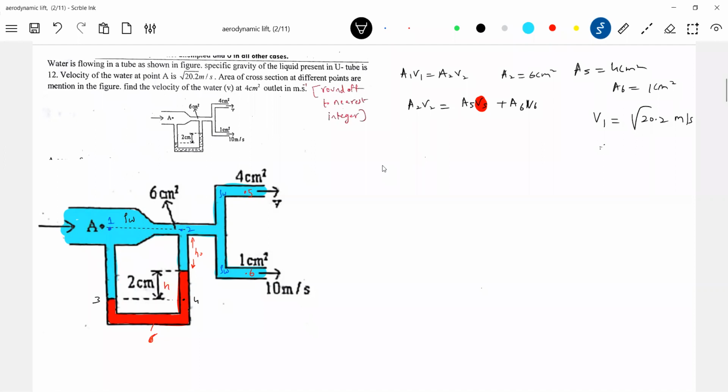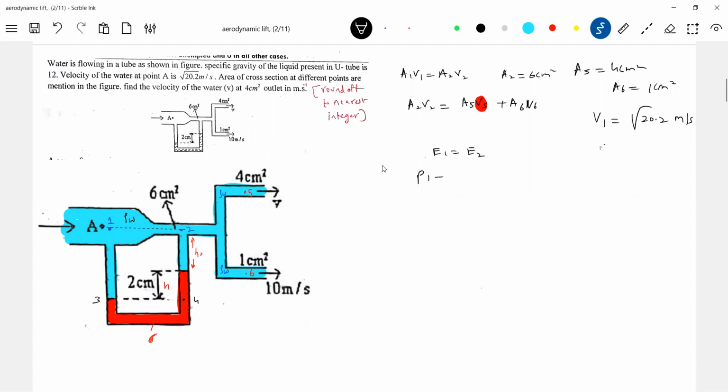Let's write Bernoulli's equation between 1 and 2. E1 should be equal to E2.